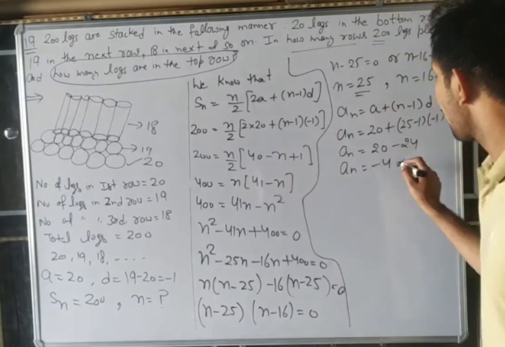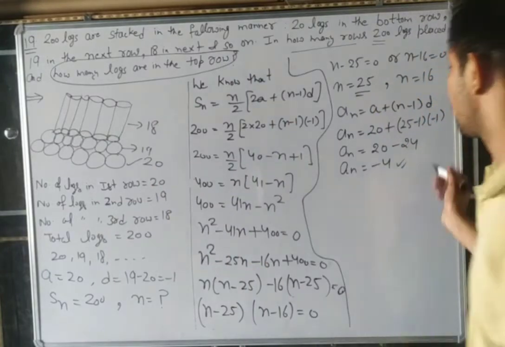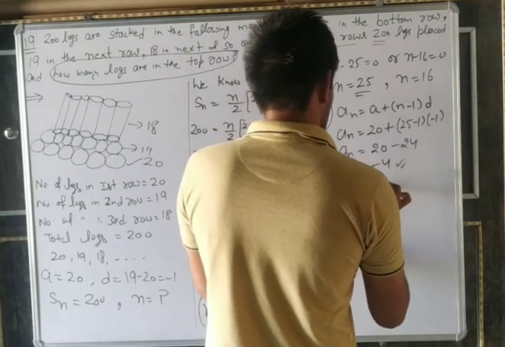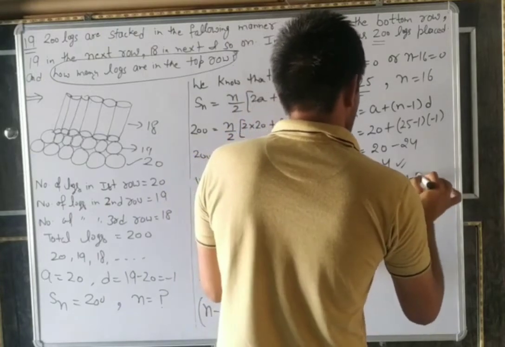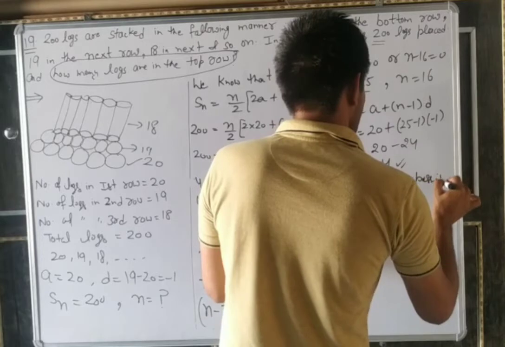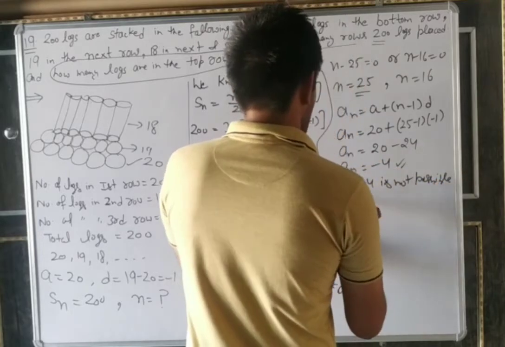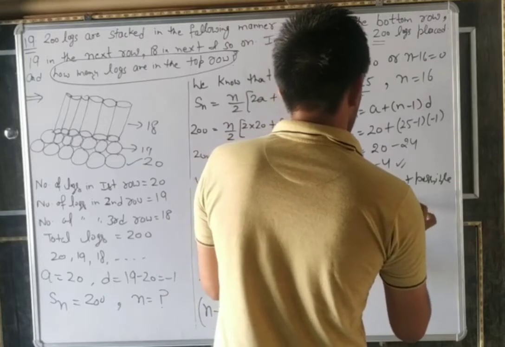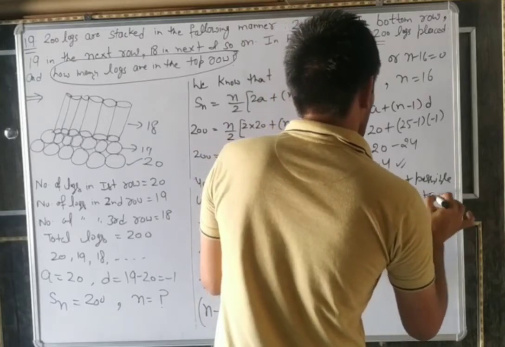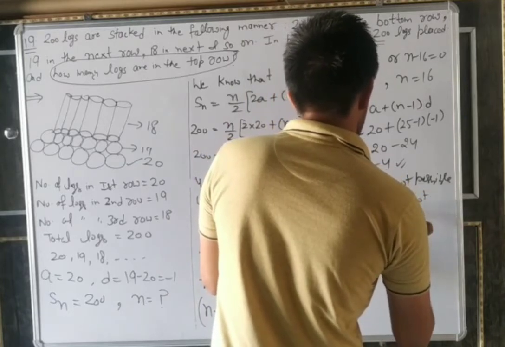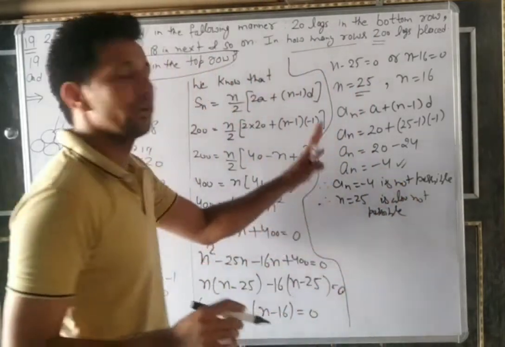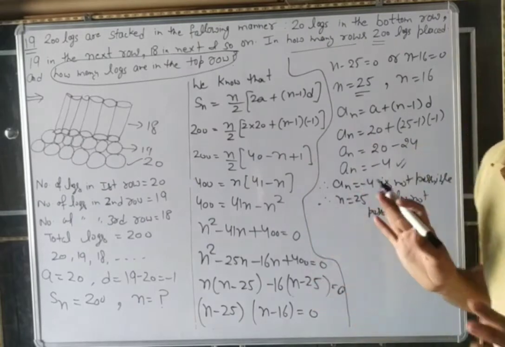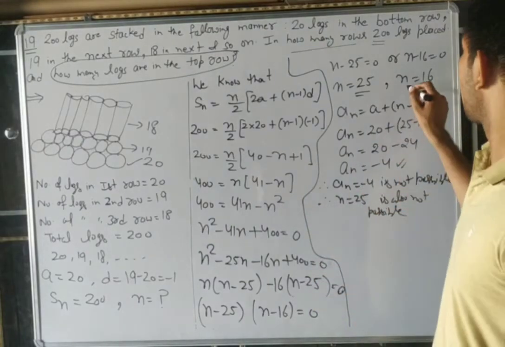But here the nth value comes out negative. So you will write, therefore, aₙ = −4 is not possible. So n = 25 is also not possible. It means the number of rows can never be 25. Understand? So what about n = 16?